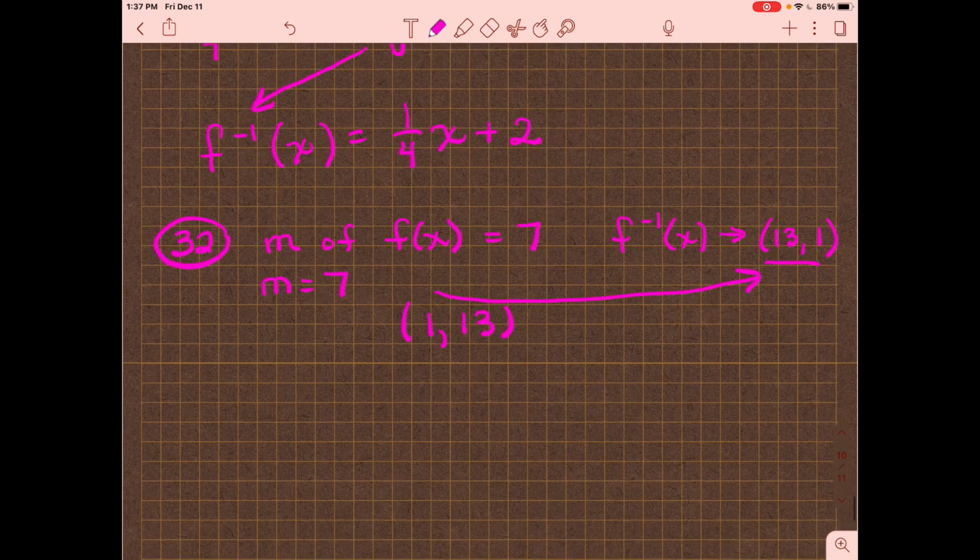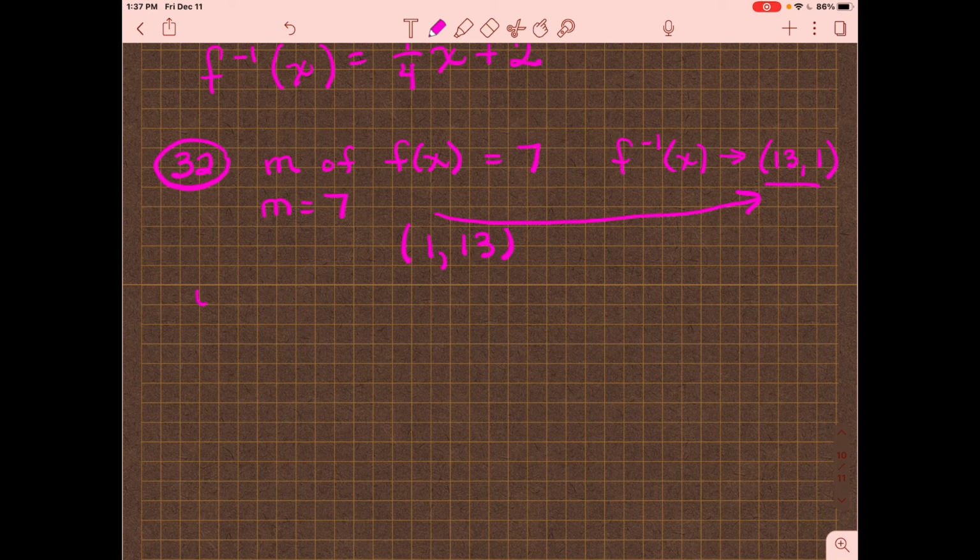So now I can use the point slope to write an equation. So I'm going to say y minus 13 equals 7, slope is 7, times x minus 1. And that's an equation that works for my original.